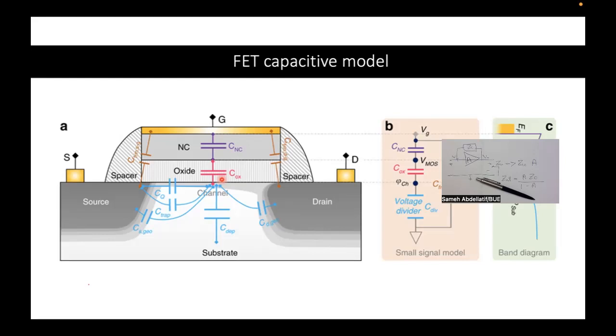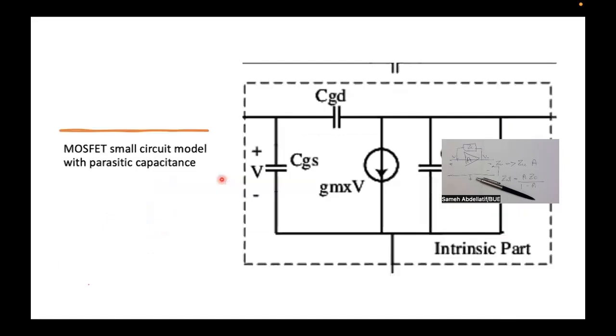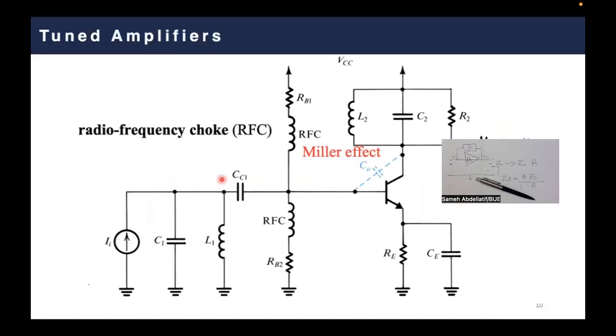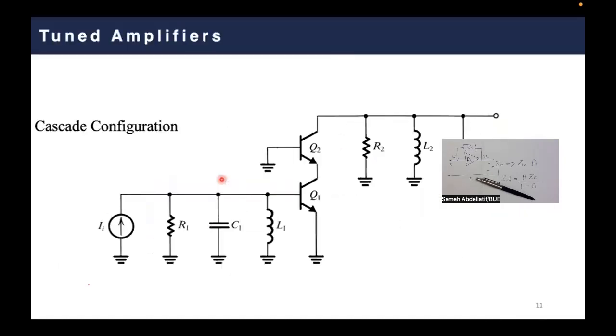How can you redesign your circuit in order to reduce the impact of the parasitic capacitance? This can be seen, for example, in one of these structures, where you are using cascaded configurations. Herein, in a cascaded configuration, as you can see, my dear students, you still have a parasitic capacitance.